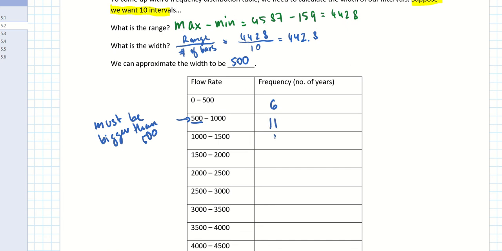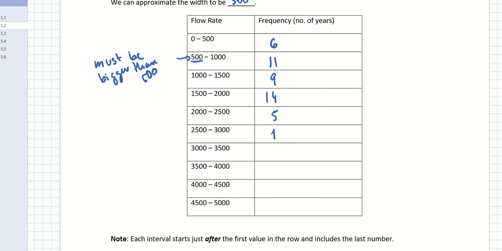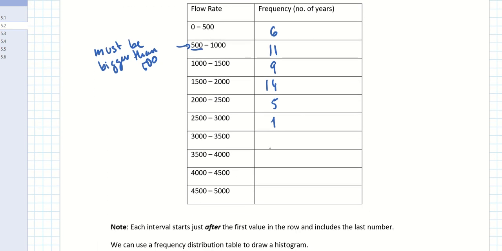And then I counted 9 for 1000 to 1500, 14 for the next one, only 1 between 2500 and 3000, 3 for the next. There were no values for 3500 to 4000, and no values for 4000 to 4500, and there was only 1 between 4500 and 5000.